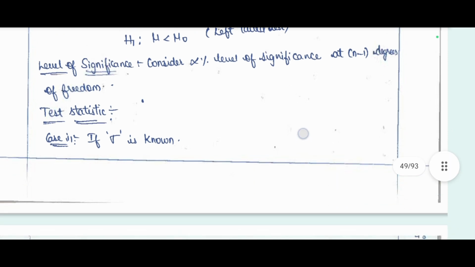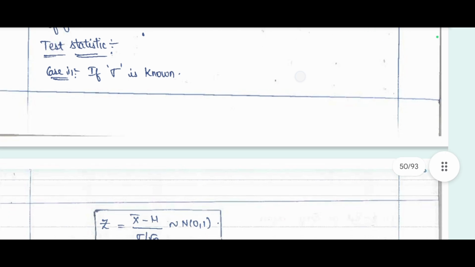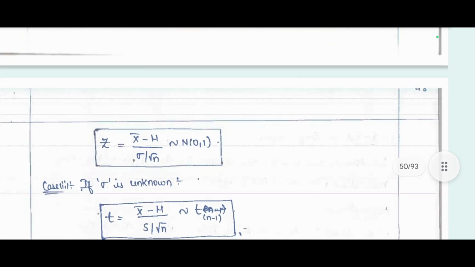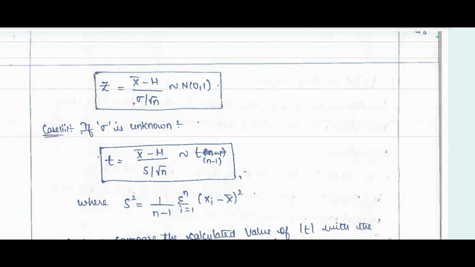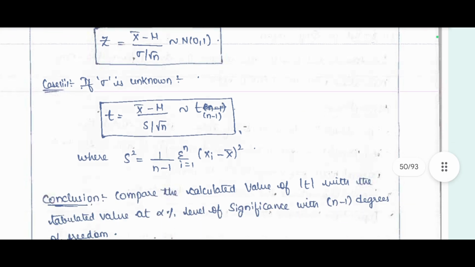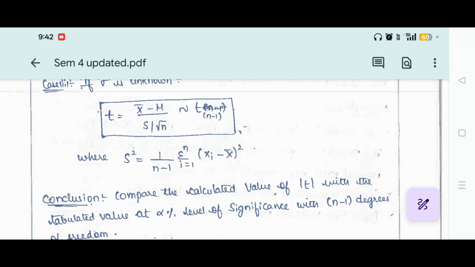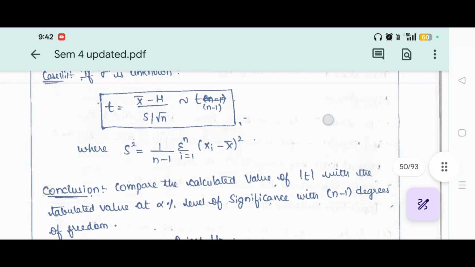T-test statistic: in case 1, if sigma is known, then you can use the z-test statistic, x bar minus mu divided by sigma by root n, which follows the normal distribution with 0 comma 1. In case 2, if sigma is unknown, then x bar minus mu divided by s by root n, where s square is equal to 1 divided by n minus 1, summation i runs from 1 to n, xi minus x bar whole square.